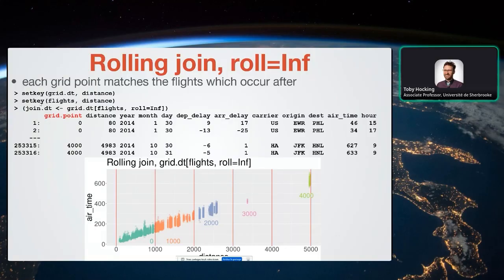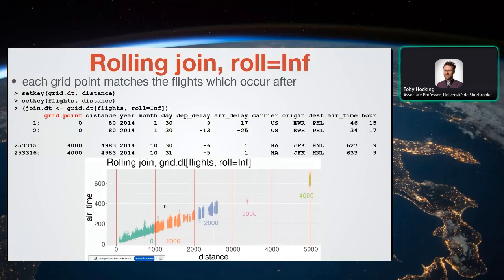I use set key to specify that we're going to use this distance variable for the rolling join. And here all we have to do then is specify roll equals inf, and what that means is we're going to be joining all of the data points here on the flight data to all the previous ones, etc.